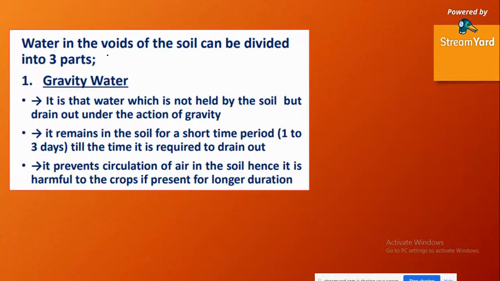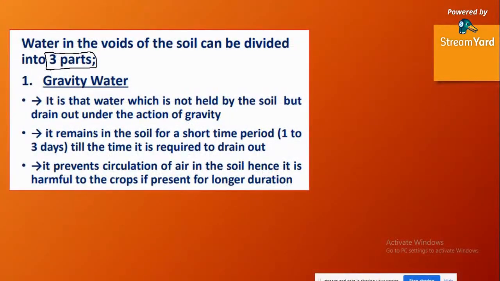So now, how will the water be stored in the voids of the soil? Water in the voids of the soil can be divided into three parts. The first one is called gravitational water. As the name itself says, this is called gravitational water.